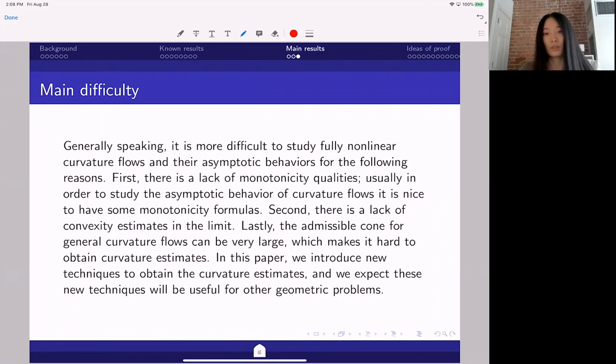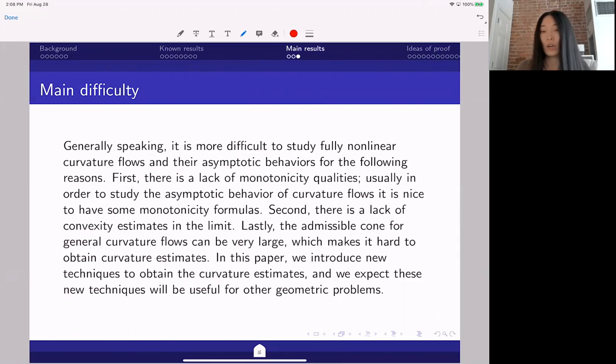First, there is a lack of monotonicity quantities. Usually, in order to study the asymptotic behavior of curvature flow, it's nice to have some monotonicity formulas, such as, very famously, when Huisken studied mean convex mean curvature flow.